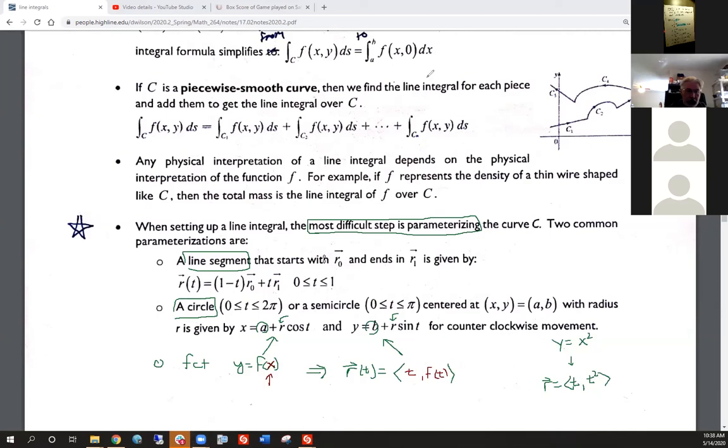The only other note here that's probably worth paying special attention to is that if you have some system like we have up here in this earlier bullet point where there are multiple chunks, you can break it up into multiple parts.